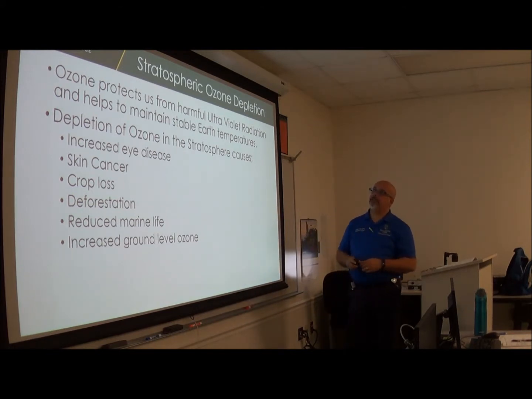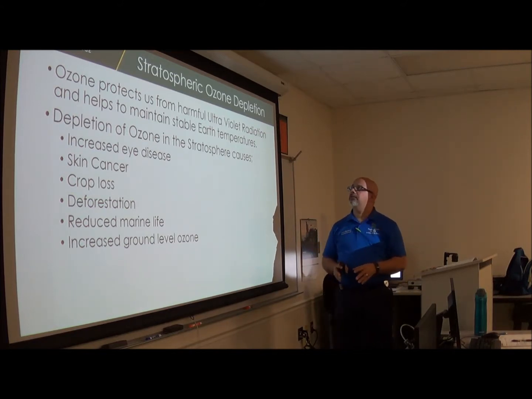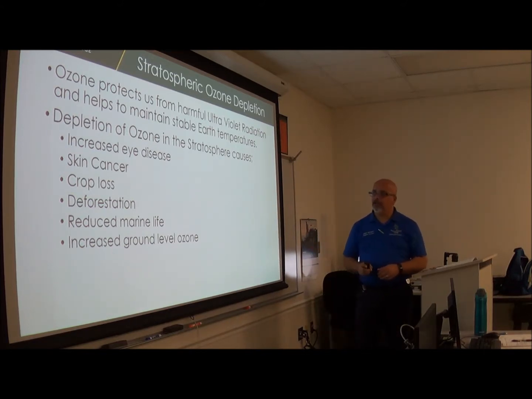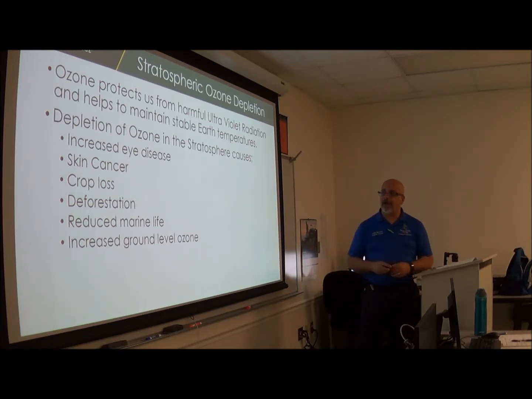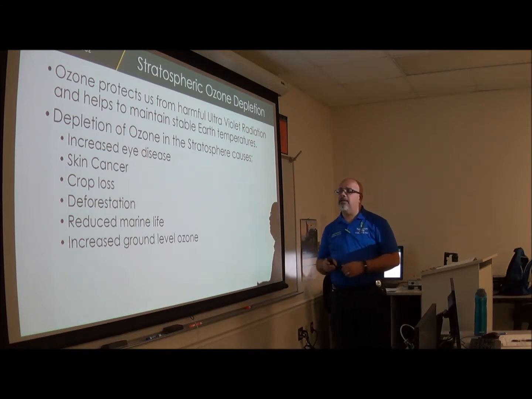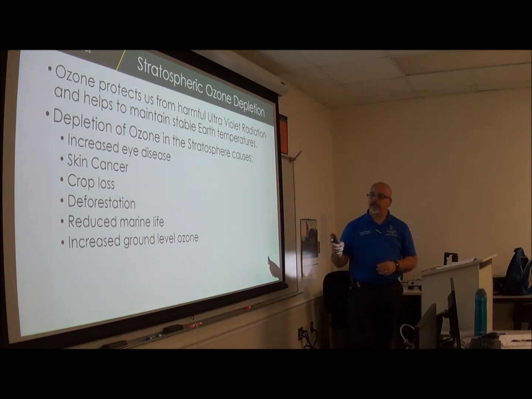Ozone protects us from harmful ultraviolet radiation and helps to maintain stable Earth temperatures. Depletion of ozone in the stratosphere causes increased eye disease, skin cancer, crop loss, deforestation, reduced marine life, and increased ground level ozone. So that's why it gets hotter every year.